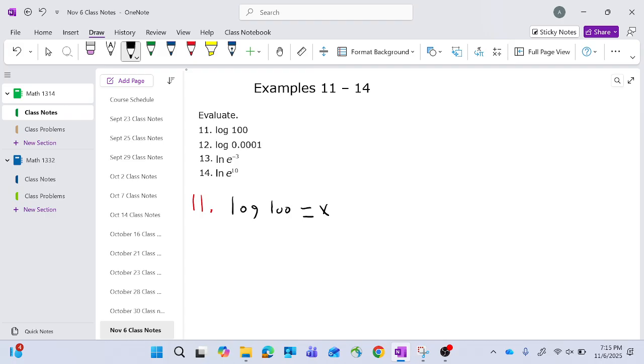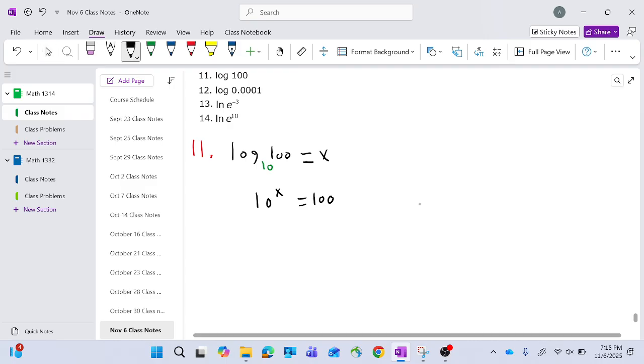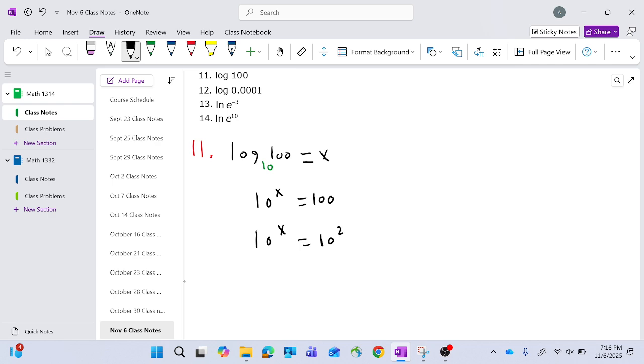And because I don't have a base here, that tells me it has to be 10. So I can rewrite this as 10 to the x equals 100. This pretty obviously is going to be 2, but let's do it the way we just learned. 10 to the x, 100 is 10 squared. So x is 2.